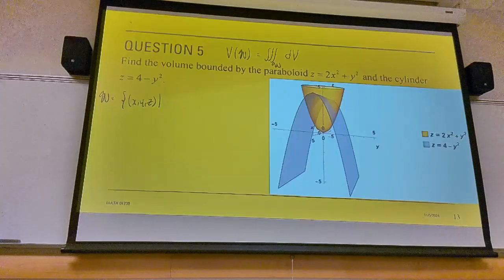Really obvious. Start by finding bounds for z. Where is z going to go from? 2x squared plus y squared to 4 minus y squared. This is where it gets interesting.